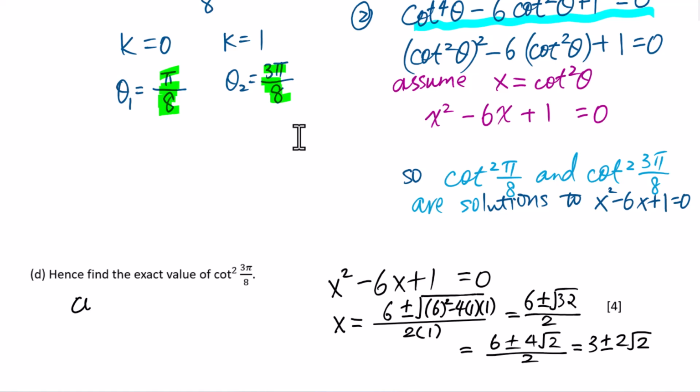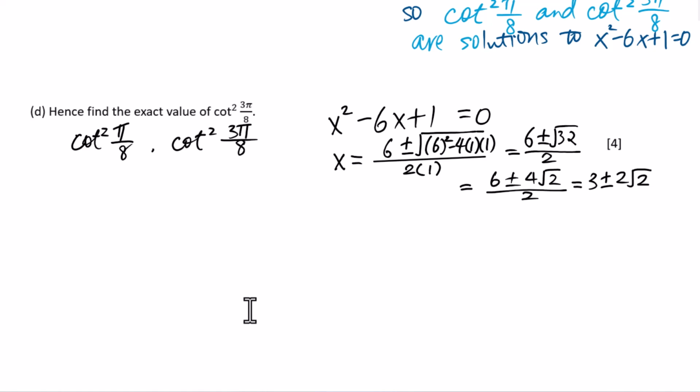Since cotangent squared pi over 8 and cotangent squared 3 pi over 8 are also the solutions to this quadratic equation, therefore either cotangent squared pi over 8 equals 3 plus 2 square root of 2, or cotangent squared 3 pi over 8 equals 3 plus 2 square root of 2.